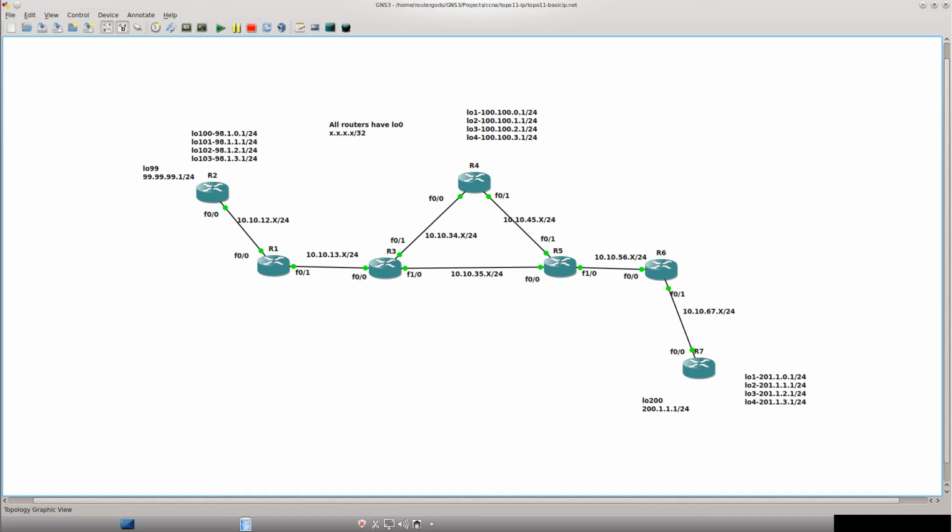Go on all of your routers and do no router OSPF 1. No router OSPF 1 on all of your routers, and then just go back to R4 and throw all your interfaces into OSPF.